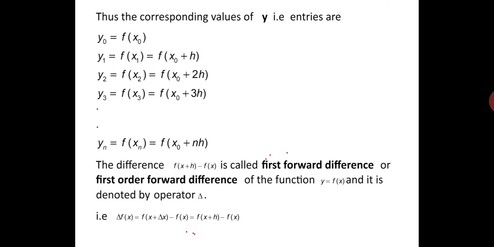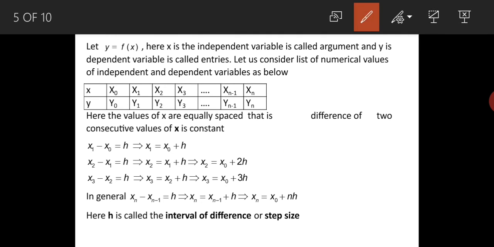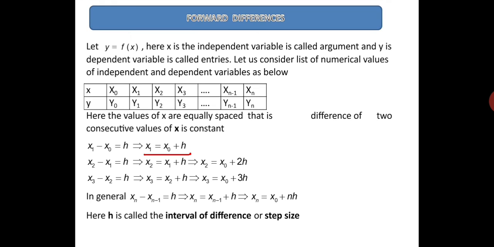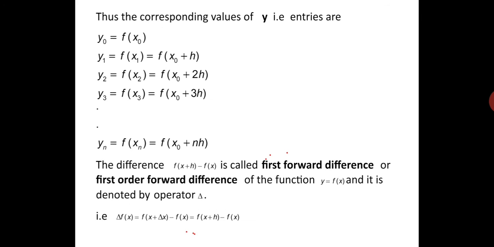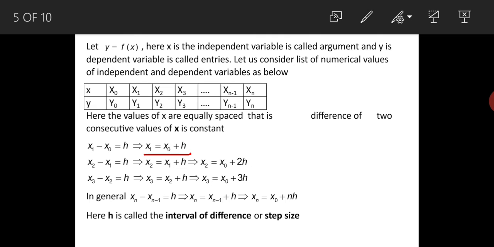So, the corresponding values of y can be written as y0 is equal to f of x0, y1 is equal to f of x1, that is f of x0 plus h. Here x1 can be written as x0 plus h. y2 is f of x2, which is f of x0 plus 2h.